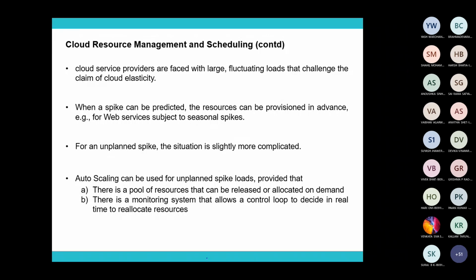Auto scaling can be performed, provided there are enough resources available, that is, a pool of resources that can be released or allocated on demand. And there should be a monitoring system which periodically monitors whether the load is stagnant or there is more load on the server. If there is more load, you can provide additional resources, in the sense that you provide additional virtual machines.